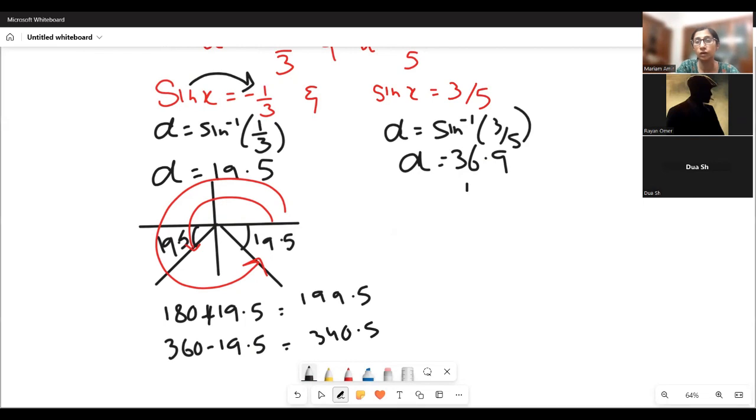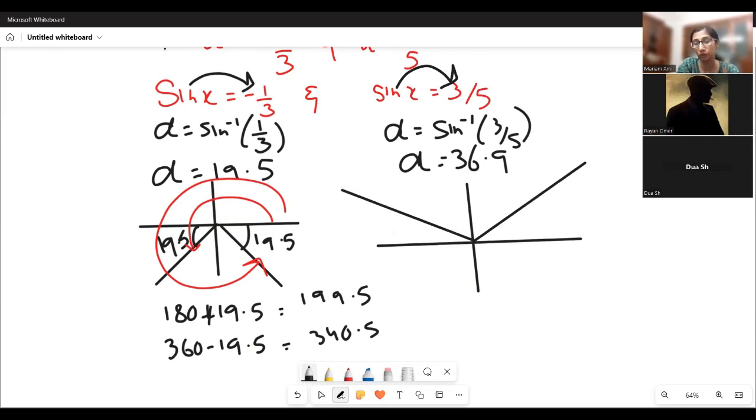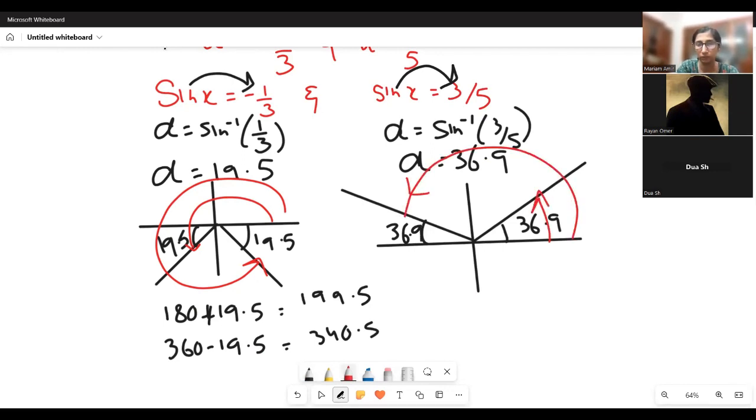For the other set of answers, our sine ratio was a positive value, so that means the angle gets plotted in the first quadrant and the second quadrant. One of the answers is the same, the other answer is this. So we have, what was our variable x?